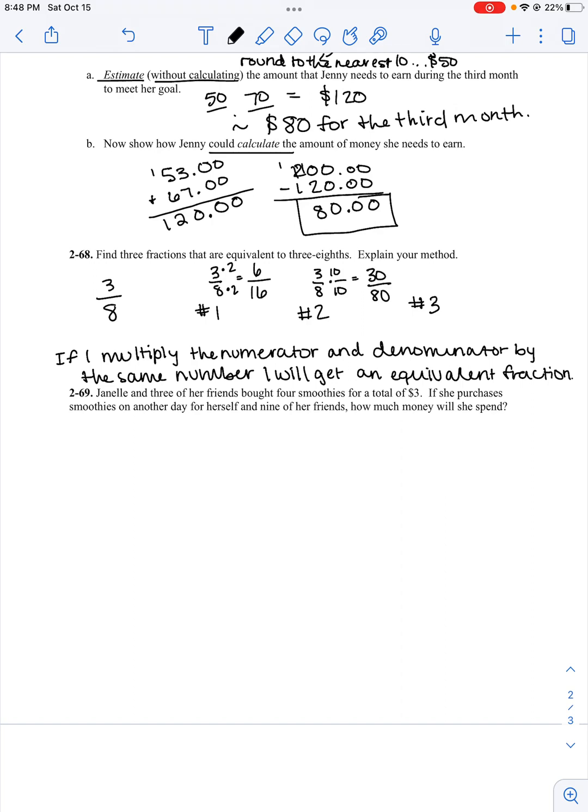That'll give me 30 over 80. I could multiply the top and the bottom by 7 and get 21 over 56. They are the same.